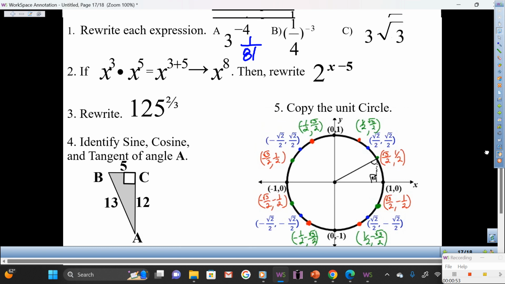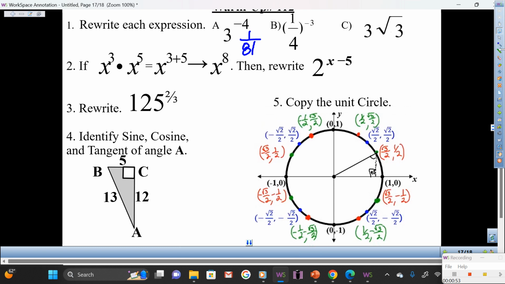I couldn't hear you with the AC. 64. Thank you. About 1C. Diego Rosas. Square root of 27. Hands if you got that.